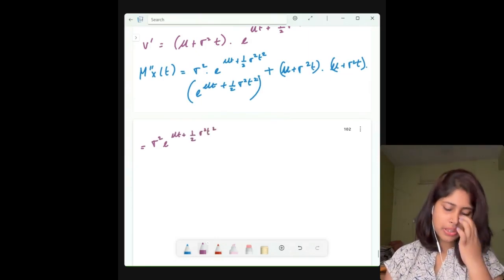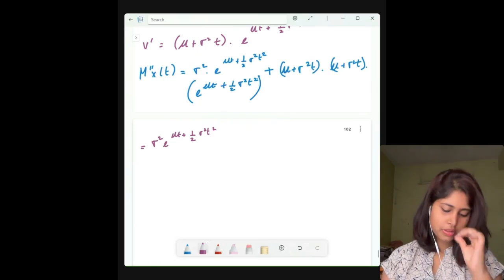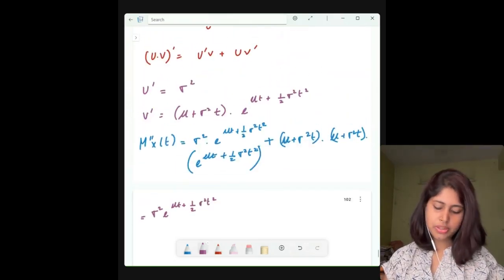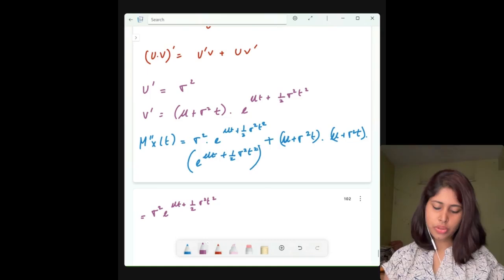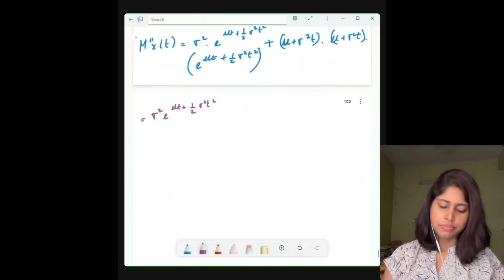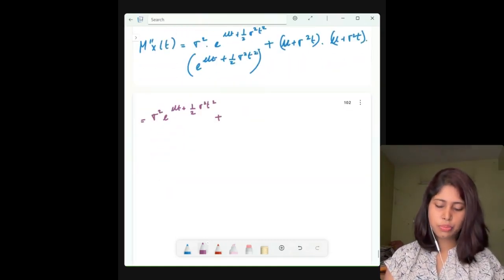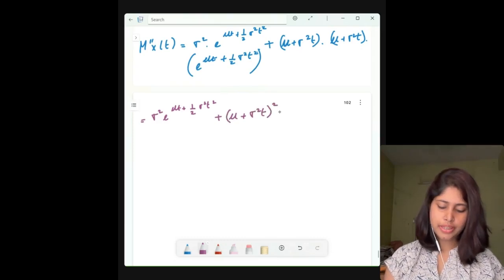Okay, this is done. This is u dash v, plus this part, mu plus sigma square t whole squared, and e to the power mu t plus half of sigma square t square.